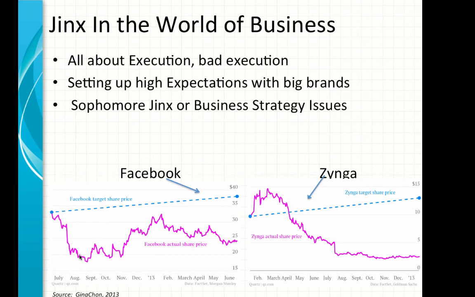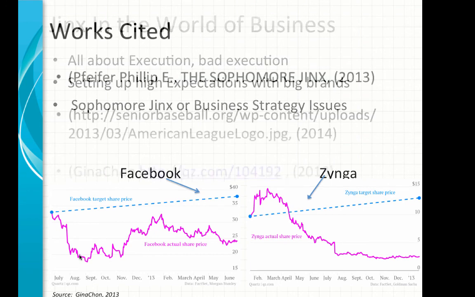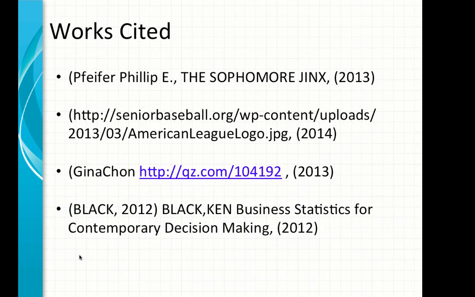At that time, the company has to really focus on the strategy diamond, and invest in technology, or come up with a new plan through which it can avoid the sophomore jinx. These are the works cited for this presentation, and thank you so much for listening.